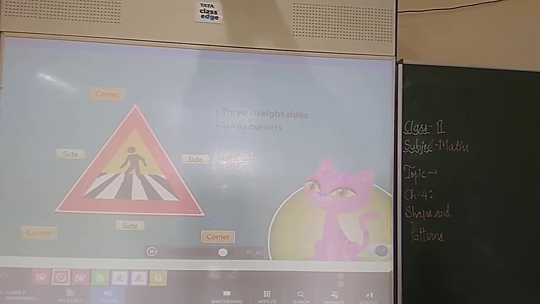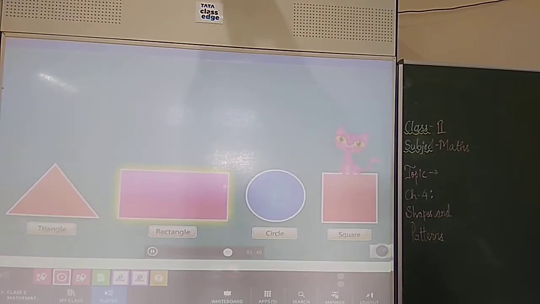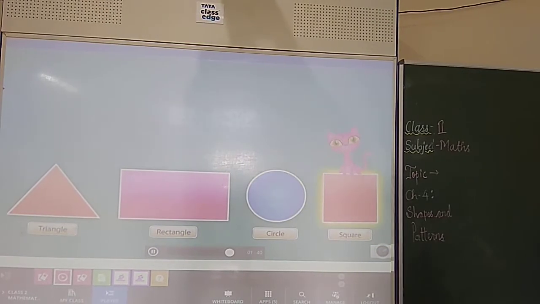When corners are 3, it's a triangle, you see. Triangle, rectangle, circle and square. You will find these shapes everywhere. Now you know how to identify them all. Listen to this rhyme when you want to recall.